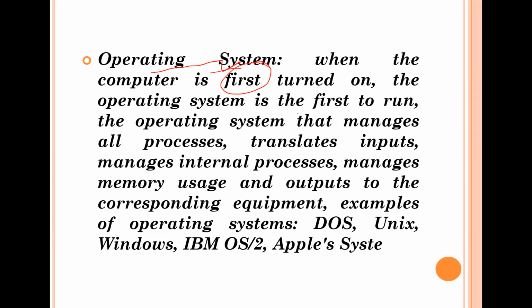The operating system manages all the processes inside the computer. They manage a lot of work here: all the processes, translating input, managing internal processes, memory usage, output, and so on.